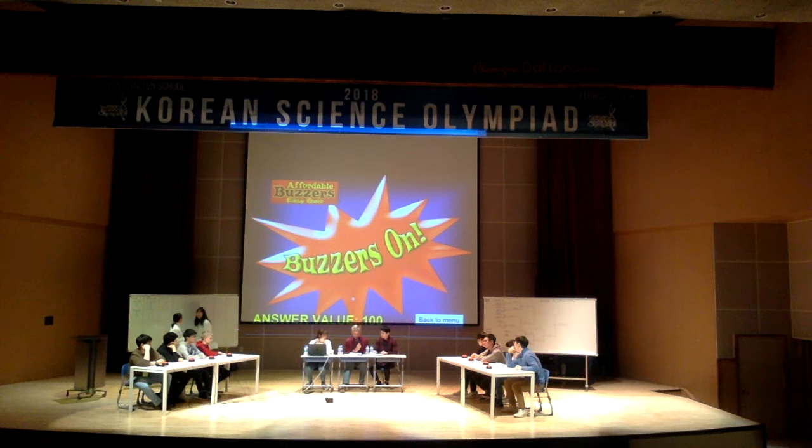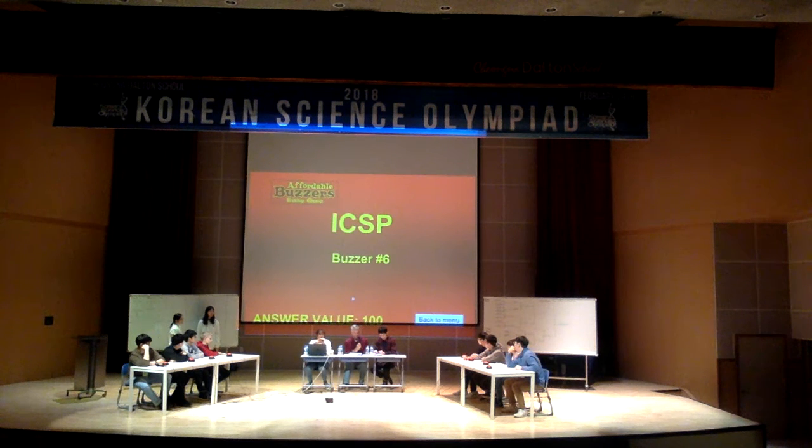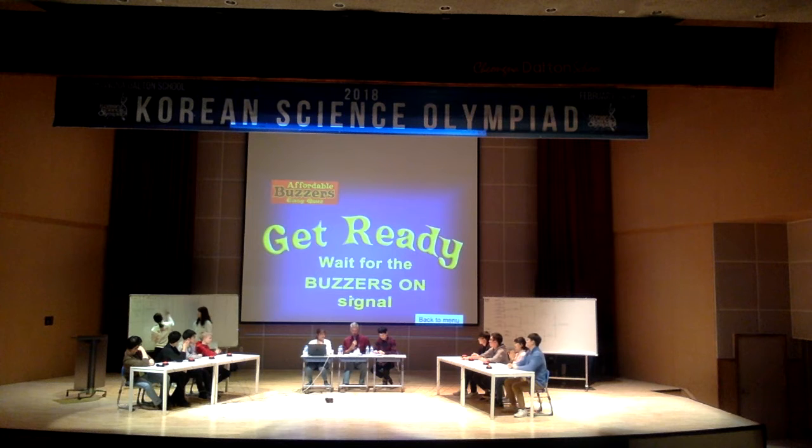B, the sun emits different amounts of energy at different times of the year. C, the sun's rays strike the northern hemisphere more directly in summer. Or D, because of precession. ICSP. C is correct. The sun's rays strike the northern hemisphere more directly in summer.